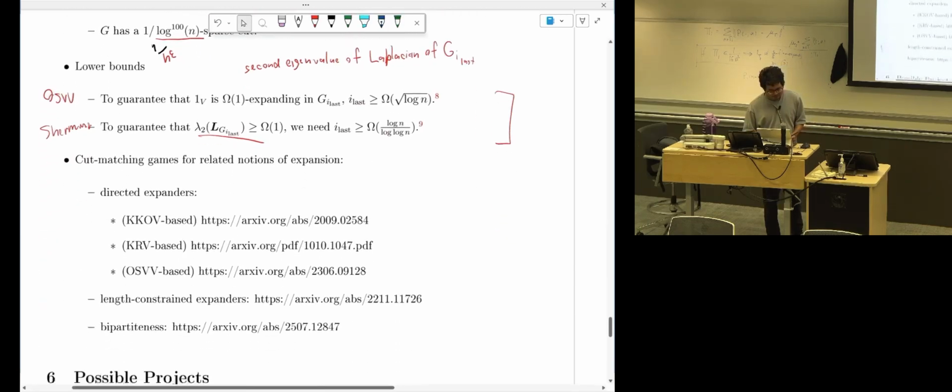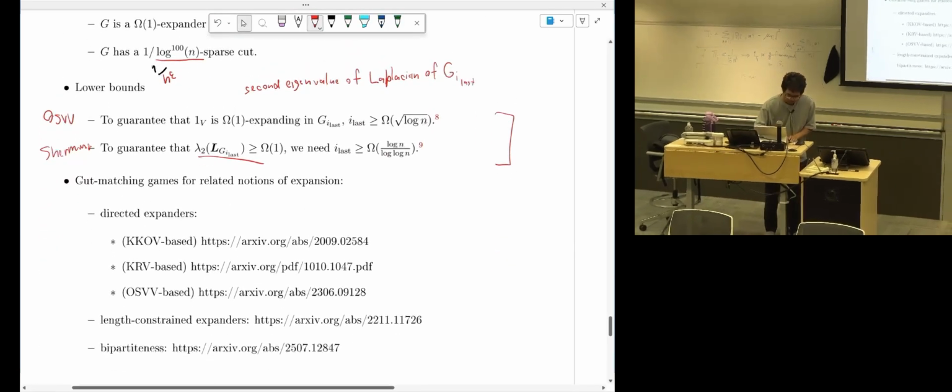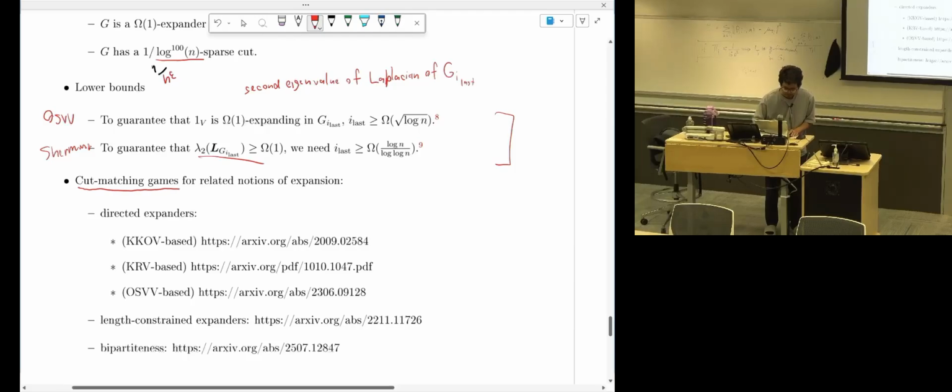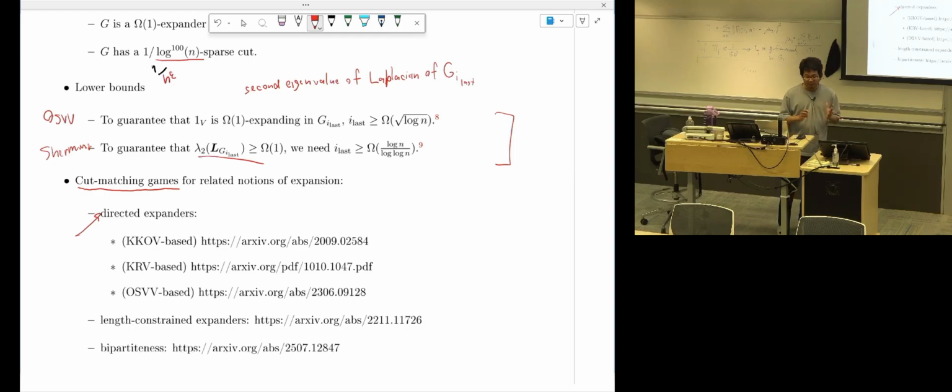By the way, there are card matching games for several related notions of expansion. Later in class, we will talk about directed graphs. We have been talking only about undirected graphs so far. There are directed graphs, and we can talk about directed expanders. I will define it later in class.